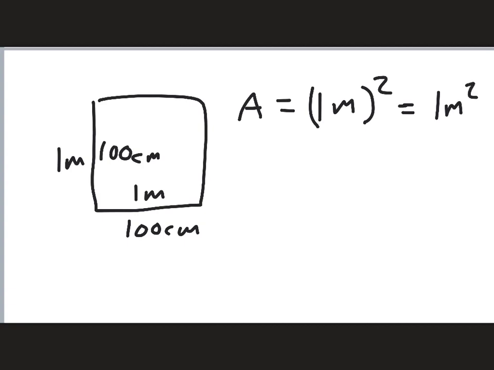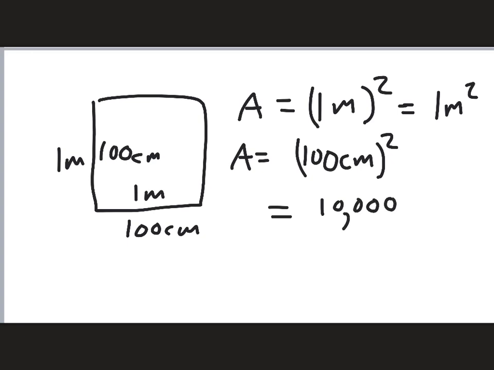Now, if I instead write it in terms of centimeters, we know that the area is going to be 100 centimeters times 100 centimeters, or 100 centimeters squared, and that works out to be 10,000 centimeters squared. And so the conversion factor from meter squared to centimeter squared is not 100, it's 10,000.